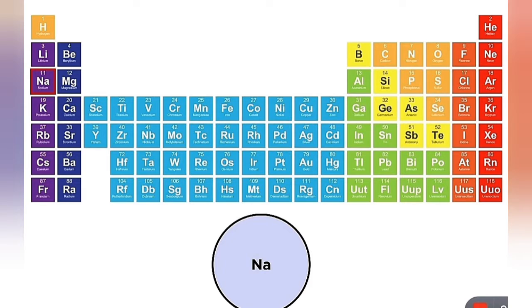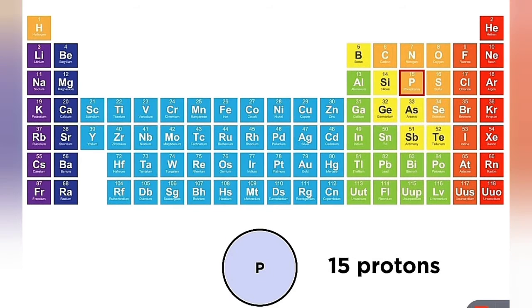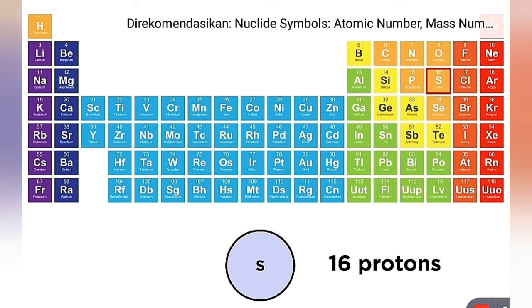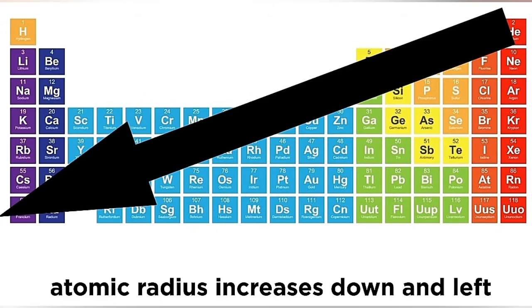As we go to the right, atomic radius decreases because we are moving within a shell, and each element to the right has one more proton in the nucleus than the last. So, there is a stronger electromagnetic attraction felt by the electrons and the radius shrinks. That means atomic radius increases going this way on the periodic table.